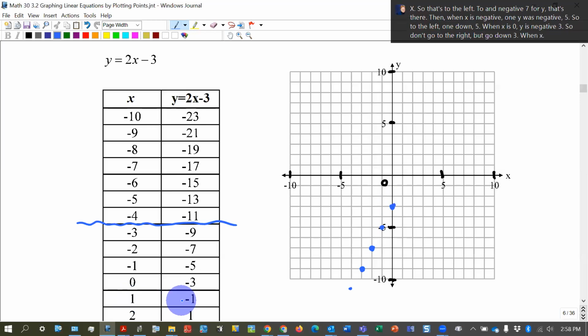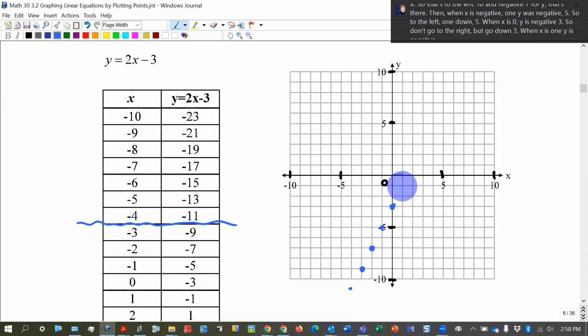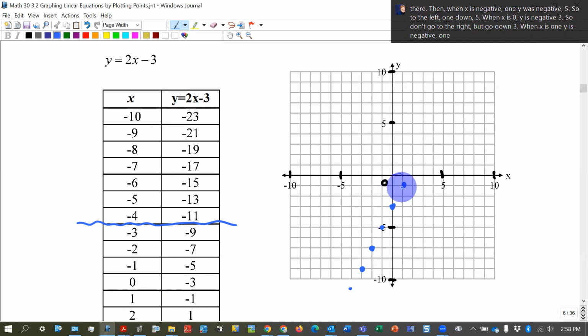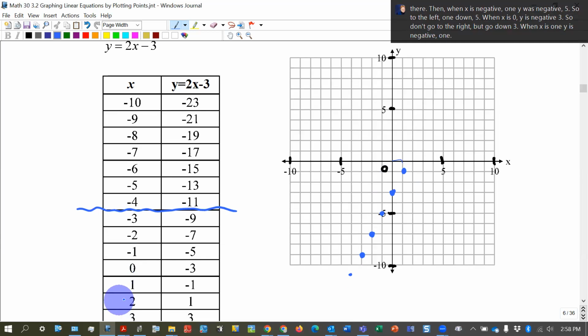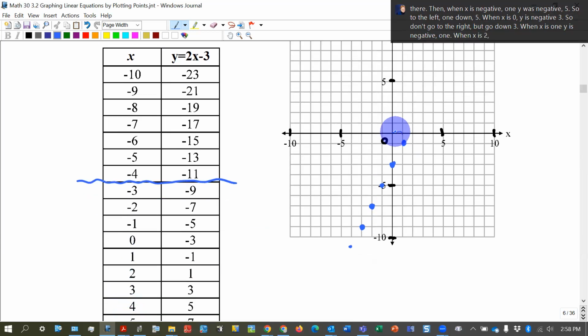When X is 1, Y is -1. When X is 2, Y is +1. When X is 3, Y is also 3. When X is 4, Y is 5.